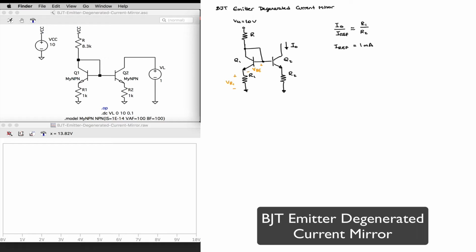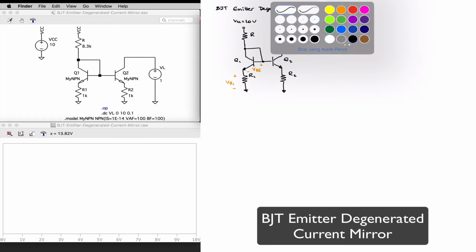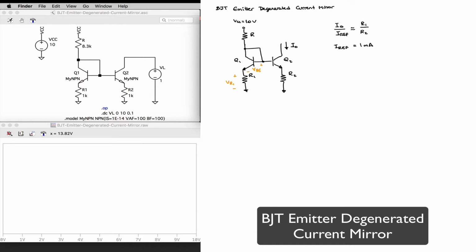Let's imagine that I want to allocate 1 volt to be dropped across R1, and for the sake of a simple example, let's assume that I want both Iref and Iout to be equal currents. So in that case, I want the VR1 to be equal to 1 volt, which means R1 will be equal to 1 volt divided by 1 milliamp, or 1 kilo ohm.